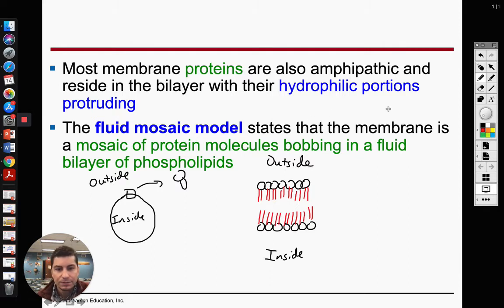The phosphates are connected to the outside and the inside of the cell. Remember, they are hydrophilic. So you could see the outside of the cell, this area right here, there's water outside of our cell, along with the gap junctions and the tight junctions we talked about last chapter.